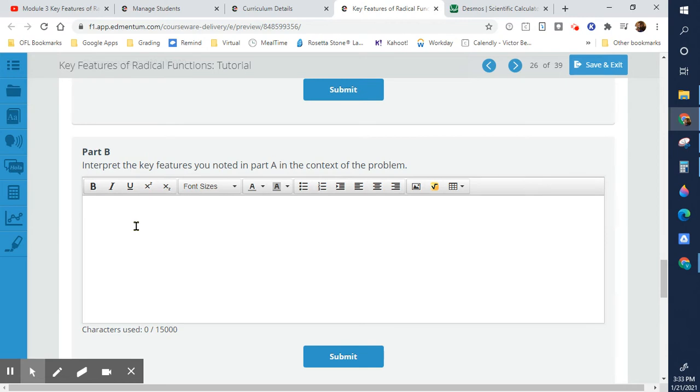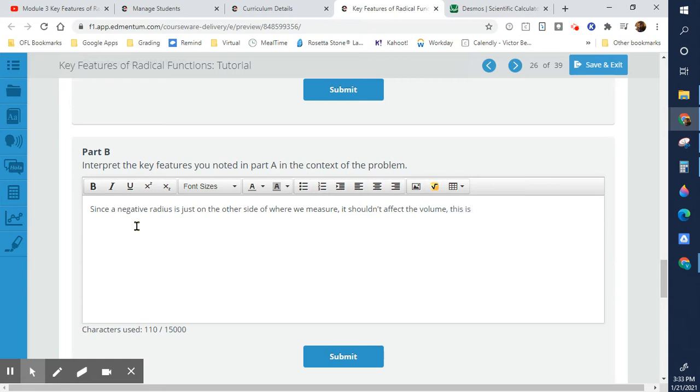Key features in terms of the problem: since a negative radius is just on the other side of where we measure, it shouldn't affect the volume.